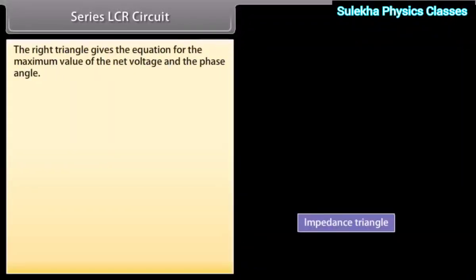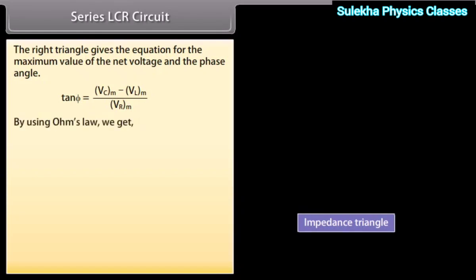The right triangle gives the equation for the maximum value of the net voltage and the phase angle. Tan phi is equal to VC maximum minus VL maximum upon VR maximum.